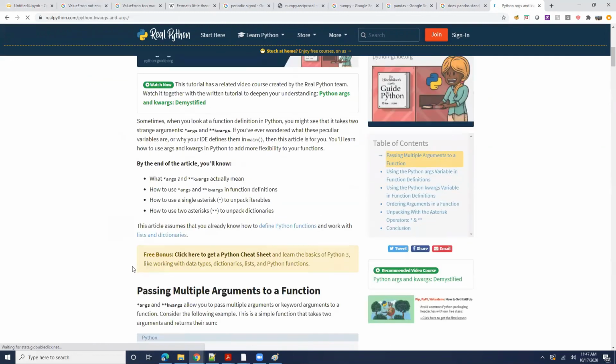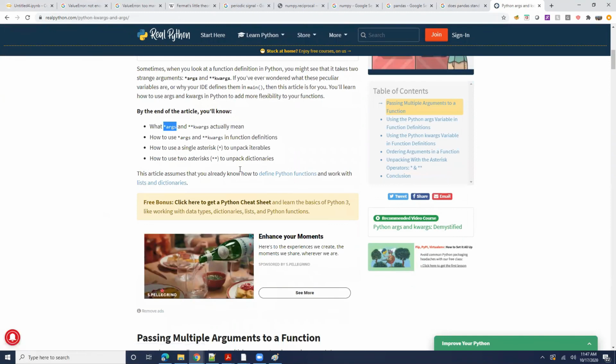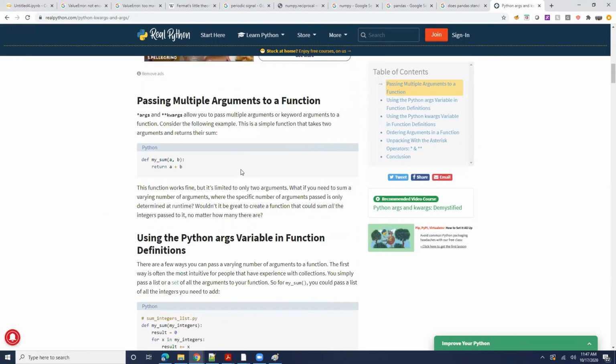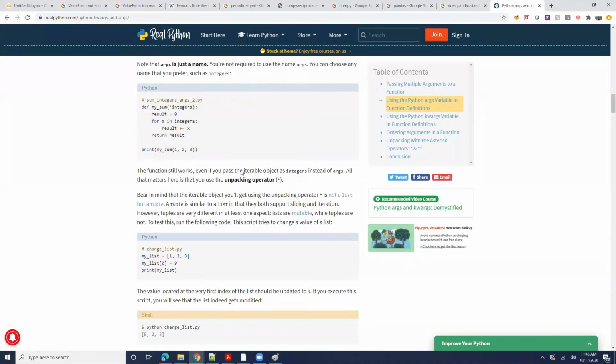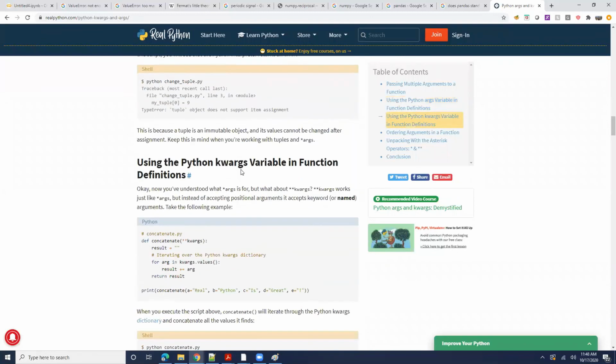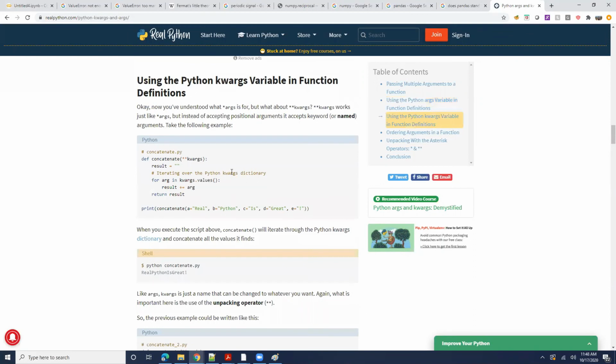When you say asterisk args, you are giving it multiple arguments. When you do asterisk asterisk kwargs, you are passing a dictionary of arguments.